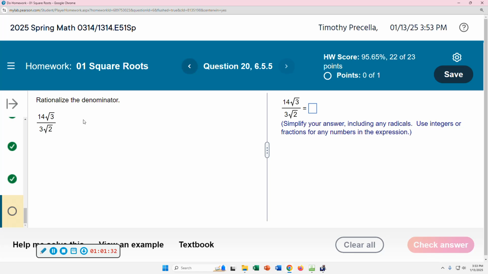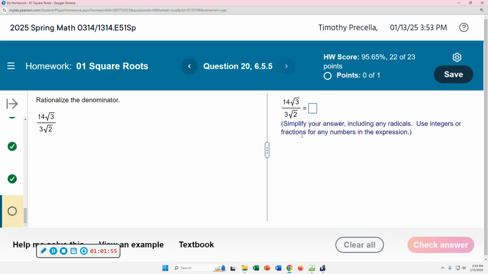Okay, so number 20. Let's write it down, and hopefully it's not really as bad as it looks. 14 square root of 3 divided by 3 square root of 2. What do those instructions say? Rationalize the denominator. Simplify your answer, including any radicals.